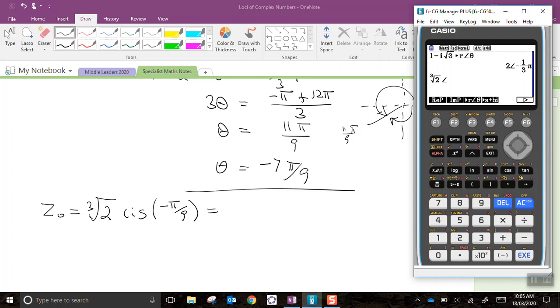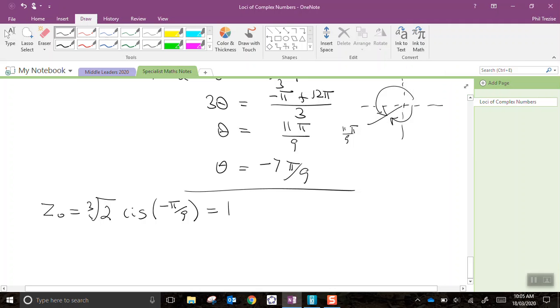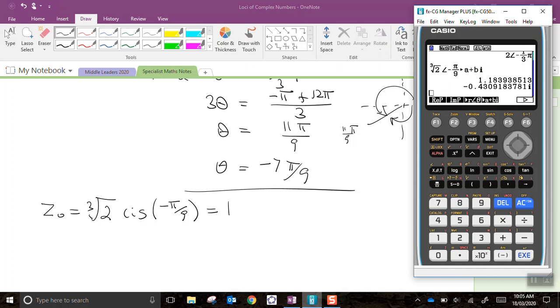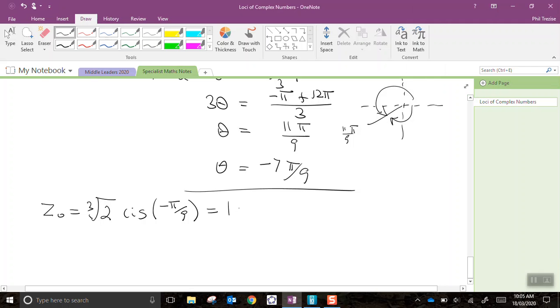Our argument is negative pi over 9. And now I want this to be in Cartesian form, and I didn't expect it to be nice numbers with something like cube root of 2, so let's round off to 2 decimals: 1.18 minus 0.43i.